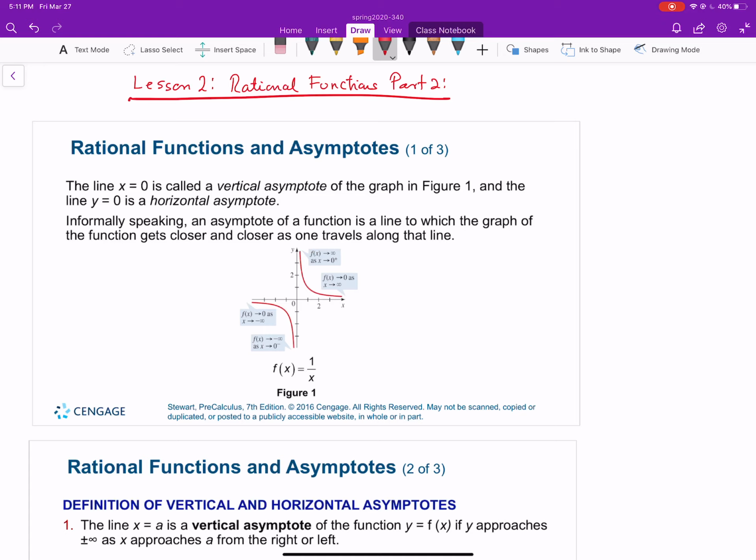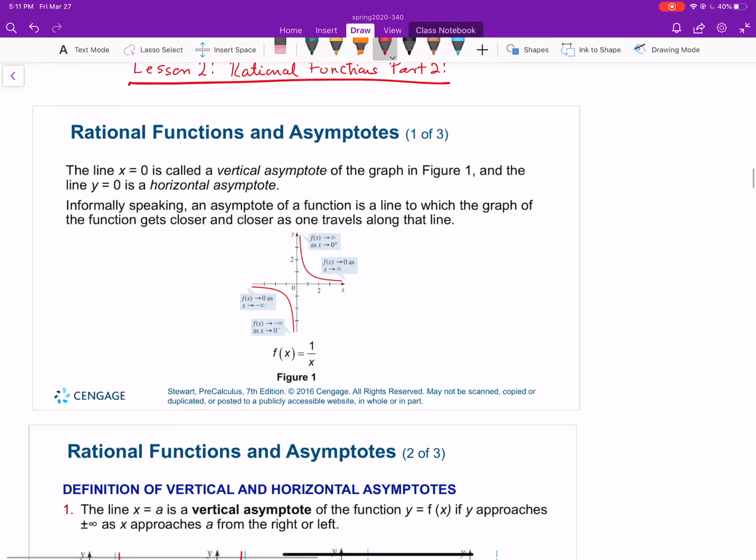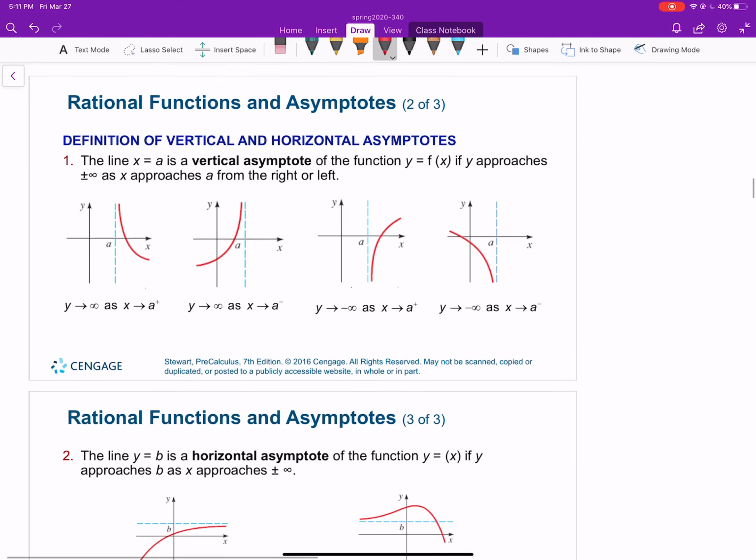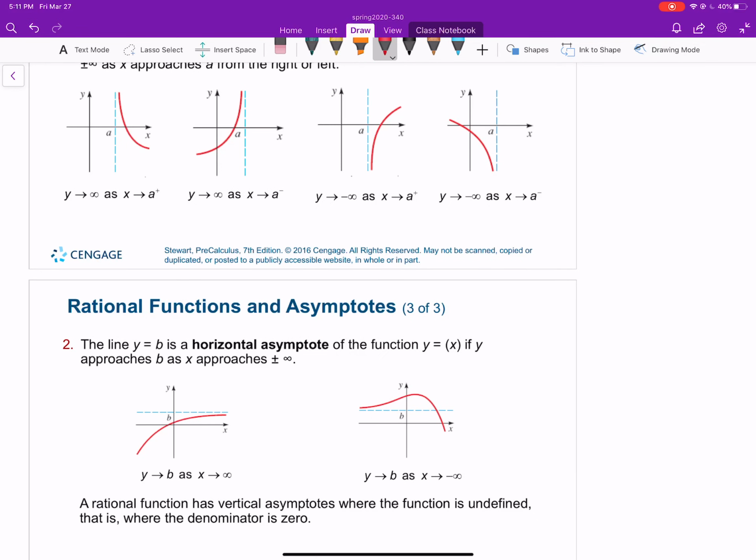So, today, what I want to try to accomplish is kind of close the loop on what is a horizontal and vertical asymptotes, and hopefully give you some ideas of when we know we have a vertical asymptote and when we have a horizontal asymptote.